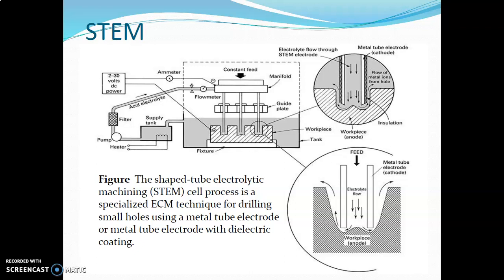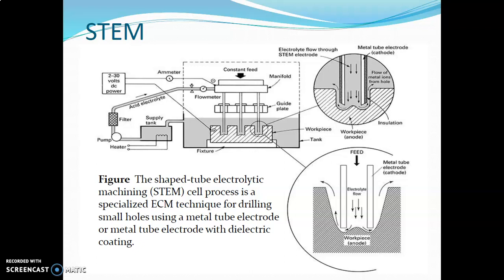You can see the workpiece is fixed with the fixture, and it is connected to the positive with the help of a 2 to 30 volt DC power supply, and the electrode part is connected to the negative. So here we are applying a constant field.